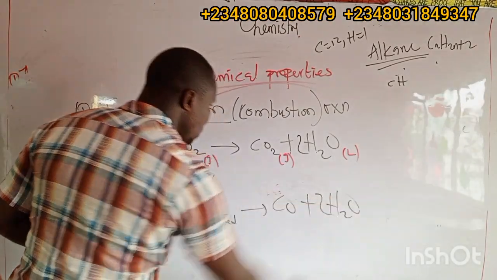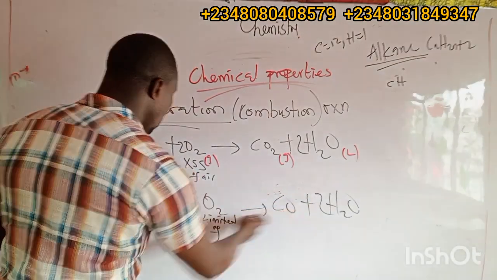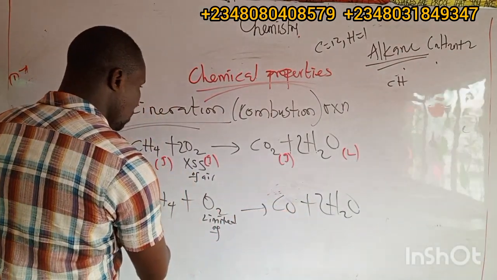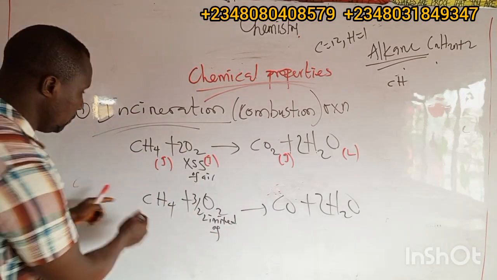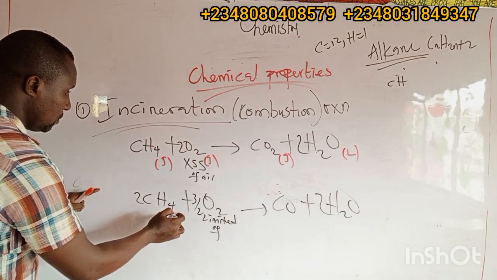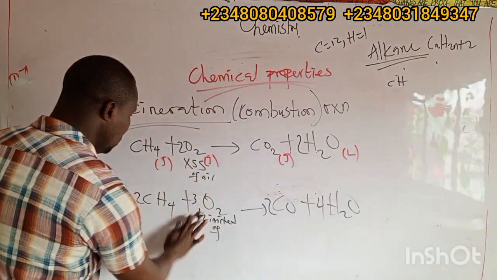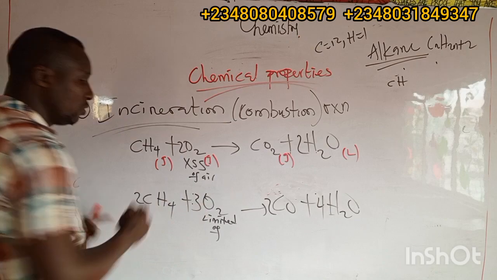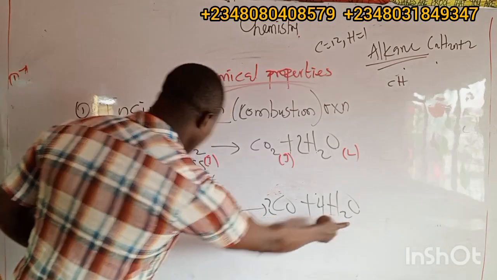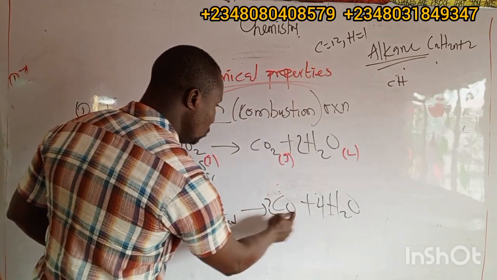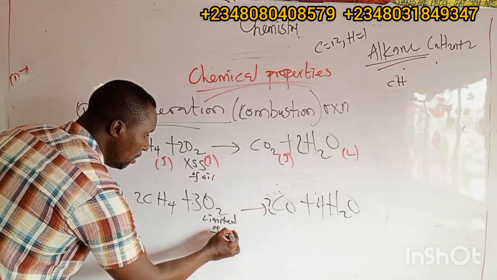Balancing, the oxygen coefficient is 3 over 2, then multiply through. I don't want to balance with fractions, so it becomes 2 CH4 plus 3 O2 gives 2 CO plus 4 H2O. It's balanced like this. This is limited supply of oxygen, of air.